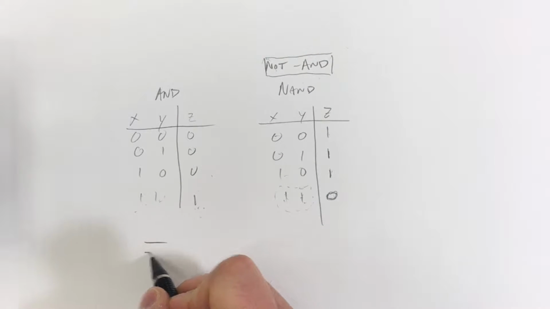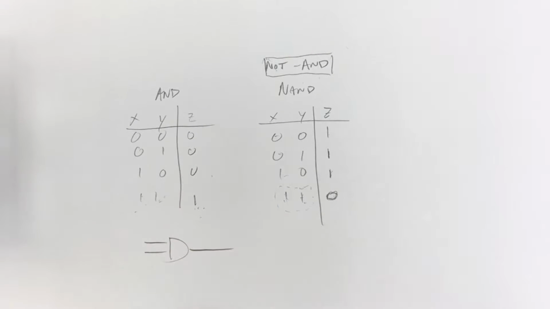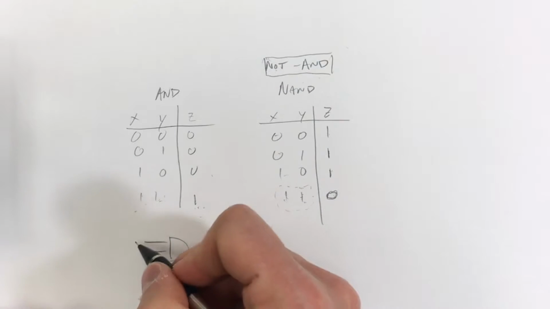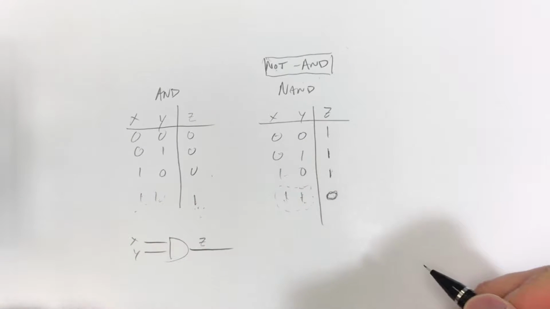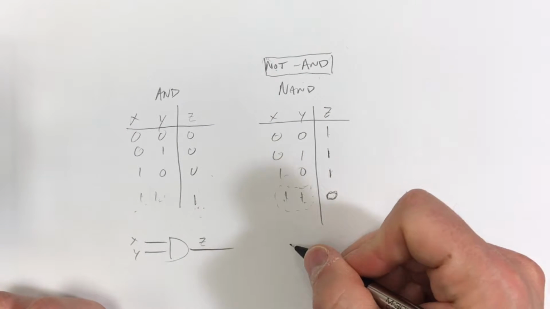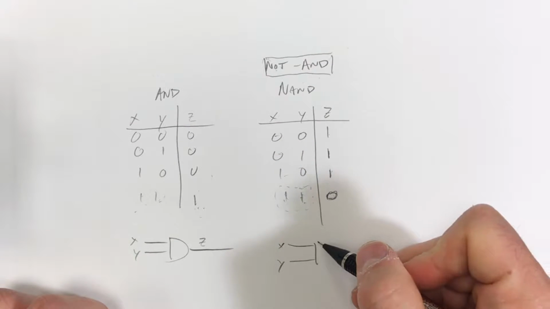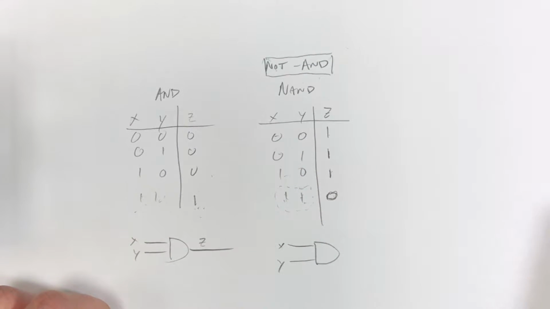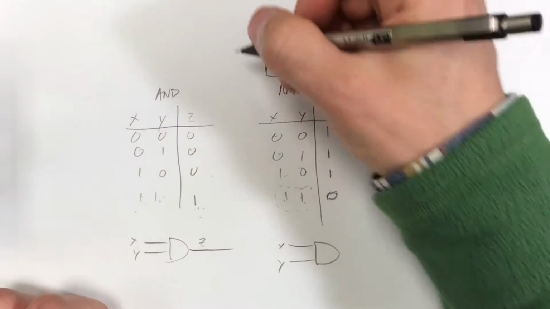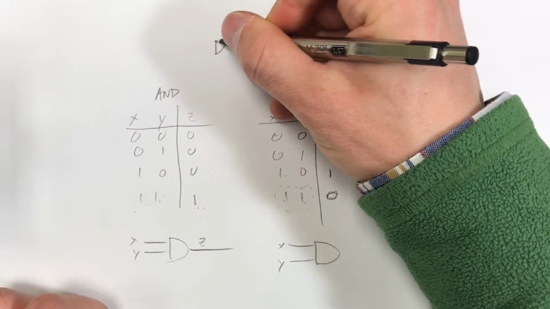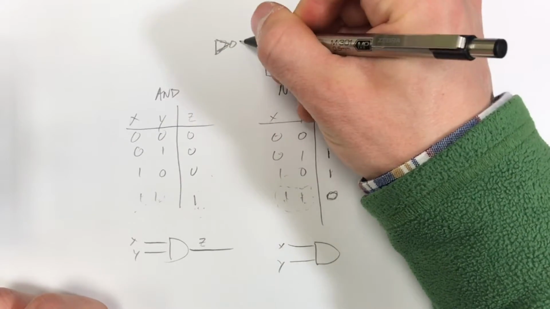Okay, so let's actually look at these gates. If we look at the diagrams of these gates, an AND gate looks like this. We have X, Y, and Z, all right? And a NAND gate, we have X, we have Y, all right? And if we remember back to a question on one of the activities that we did, it asked about the little circle on the gate.